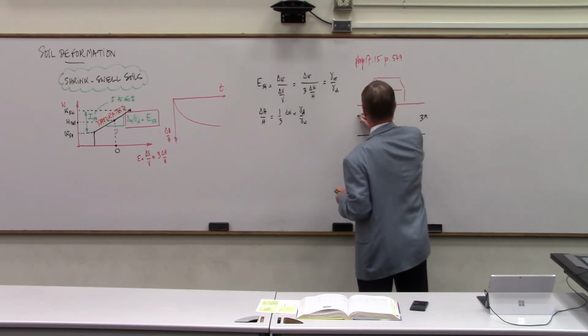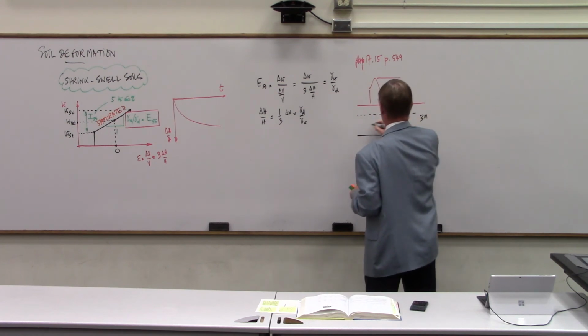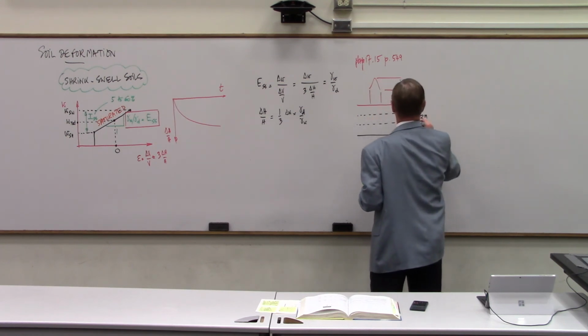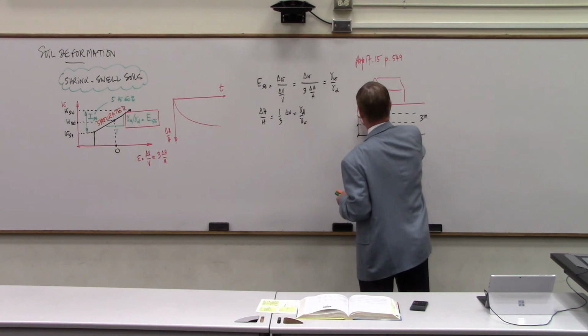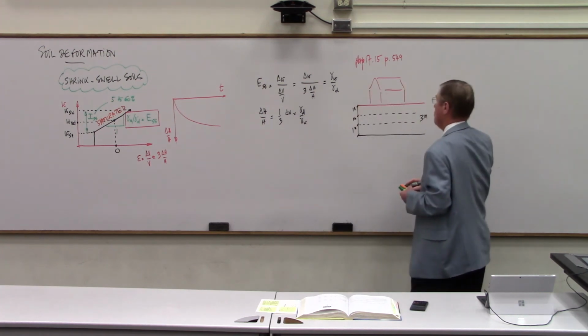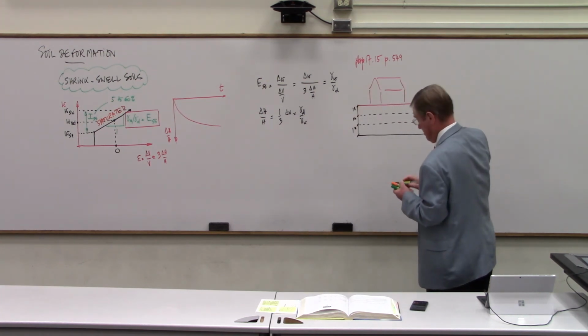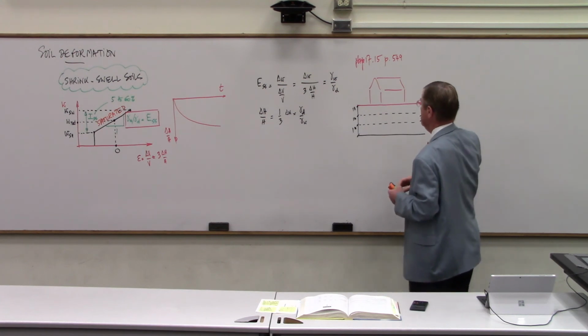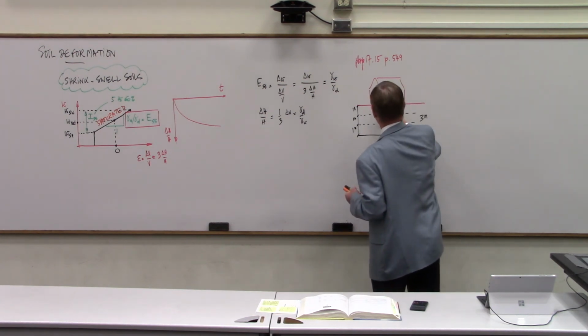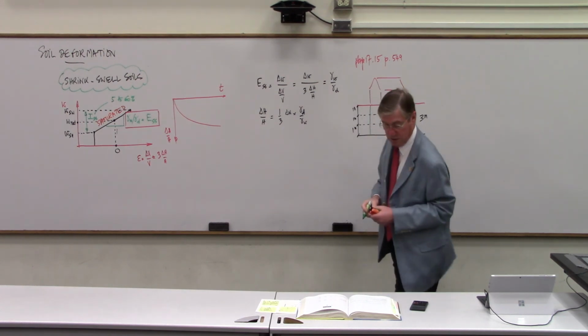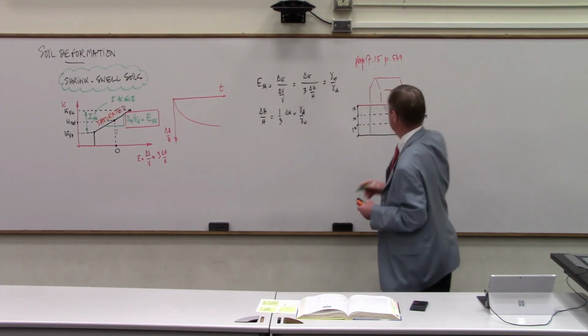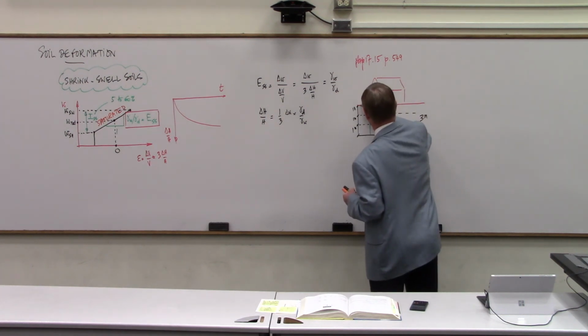And we're going to break this into, you'll see the process is very similar to the process of calculating, we're going to divide this 3 meters into 3 layers of 1 meter thickness, and then we're going to have the water content that changes plus or minus 5%. So we'll have a change in water content here.